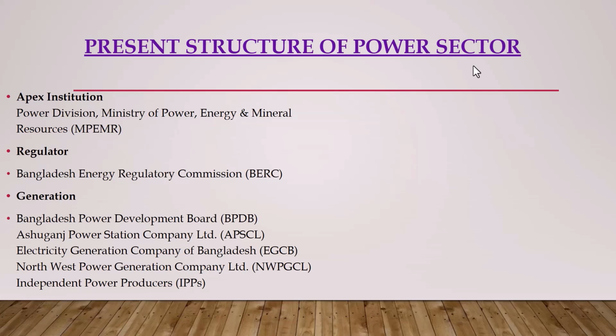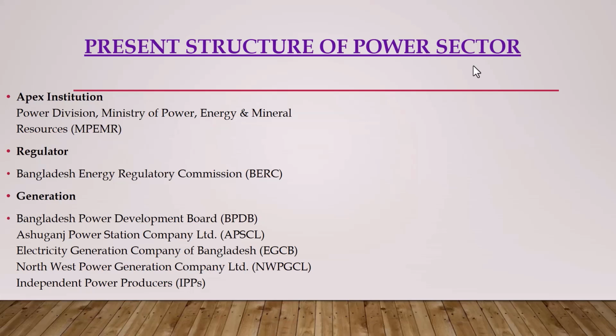Over time, several other generation companies have emerged, including Ashuganj Power Station Company Limited, Electricity Generation Company of Bangladesh (EGCB), and Northwest Power Generation Company Limited. These are typically state-owned but operate more like corporate entities with some operational independence.